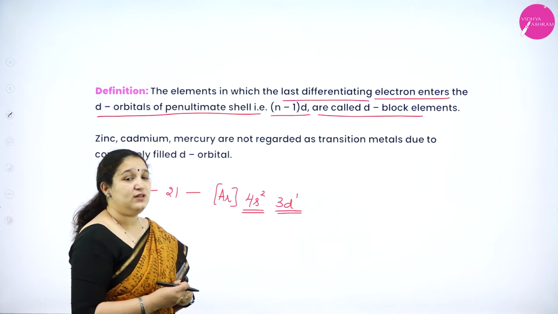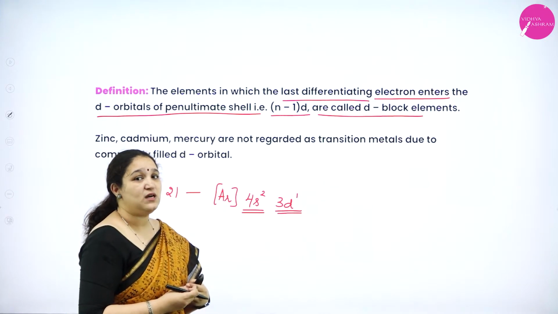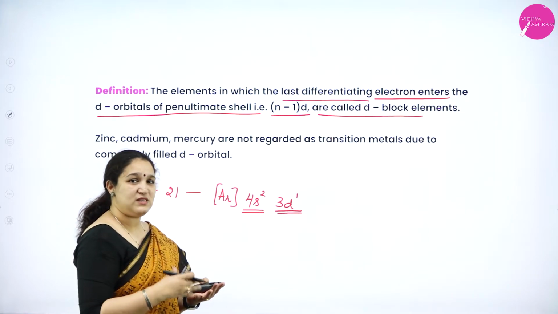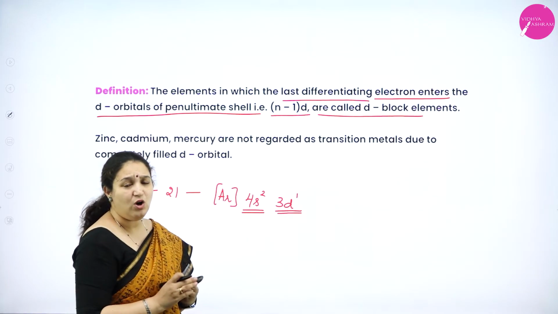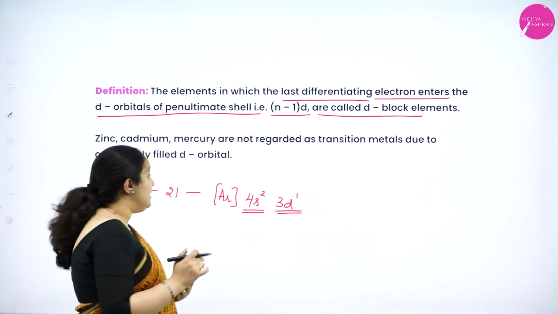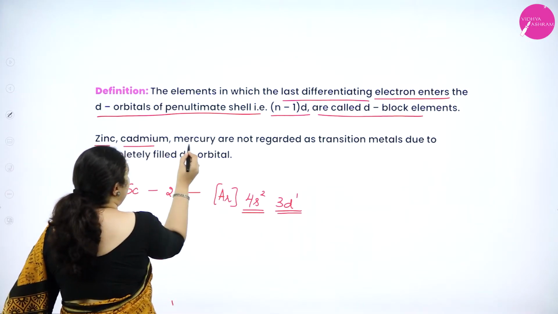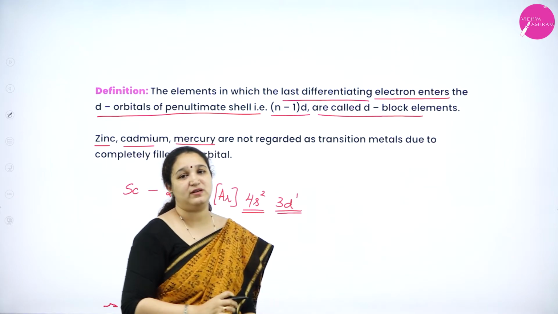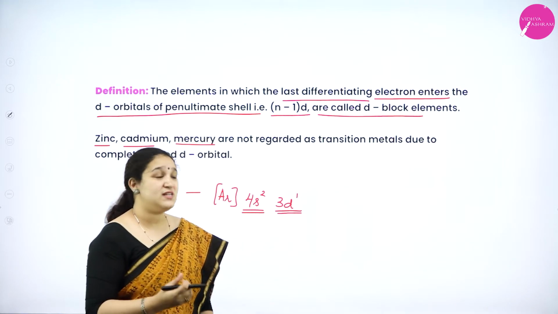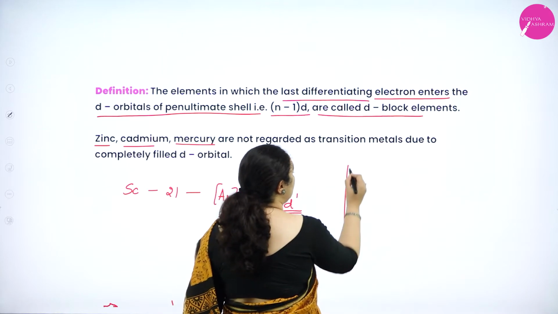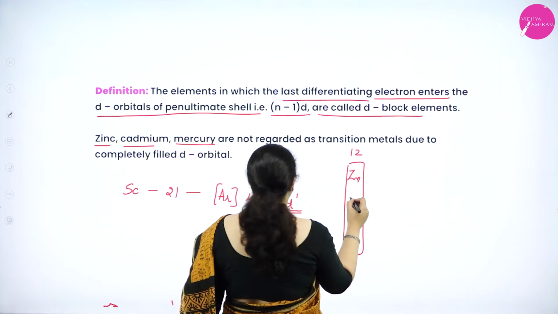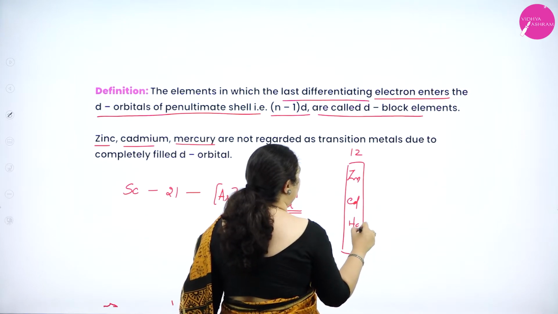Now I told you in the definition, d block elements are those which have partially filled d orbitals in the atomic state or in the oxidation state. Thus zinc, cadmium, mercury are not considered as transition metals. Why? Because they are in the 12th group here. In the 12th group we have zinc, cadmium and mercury.